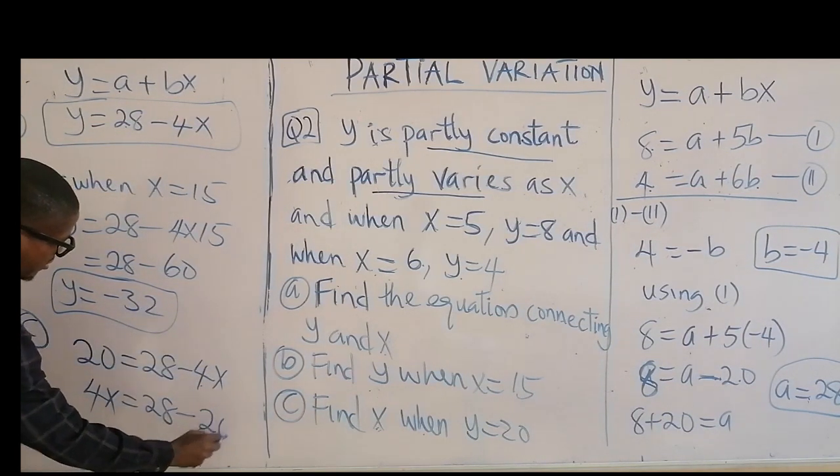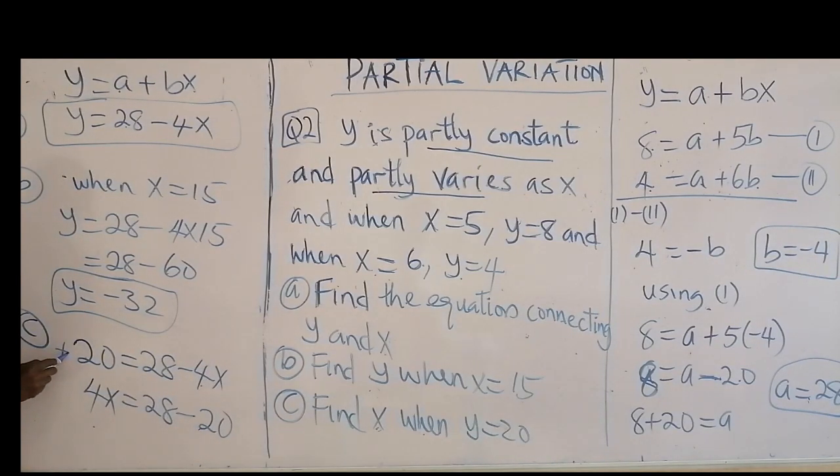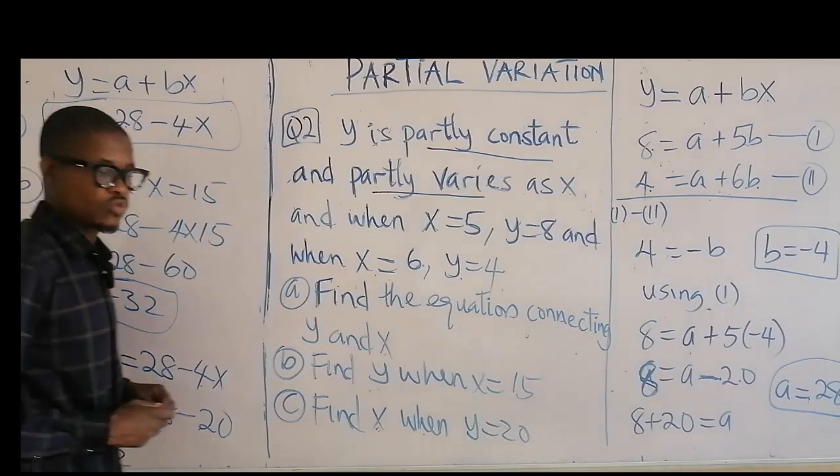This is plus 20, and when you move it over an equal sign, this plus turns negative. So I have 4x equal to 8. So x is 8 over 4. x is equal to 2. So when y is 20, x is 2. So that's that on this question.